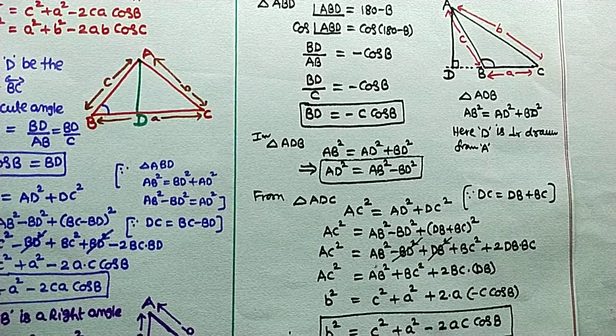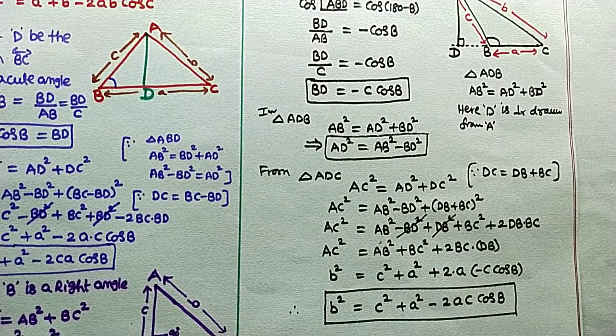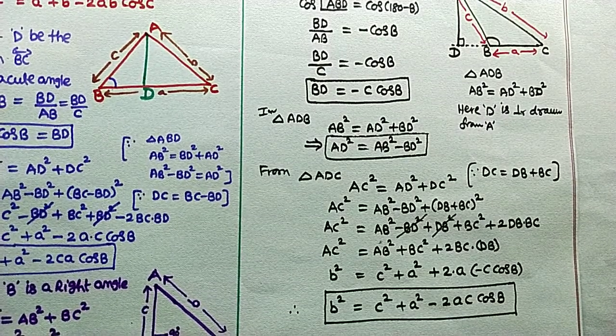So b square equals c square plus a square minus 2ac into cos B. Hence proved.